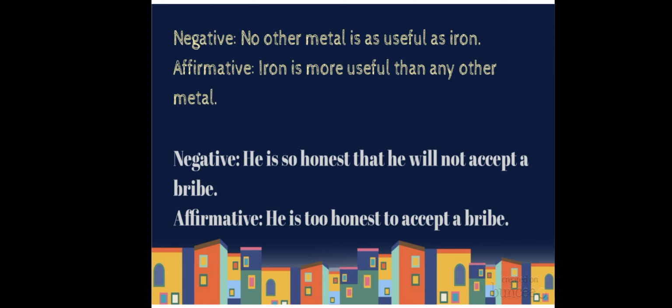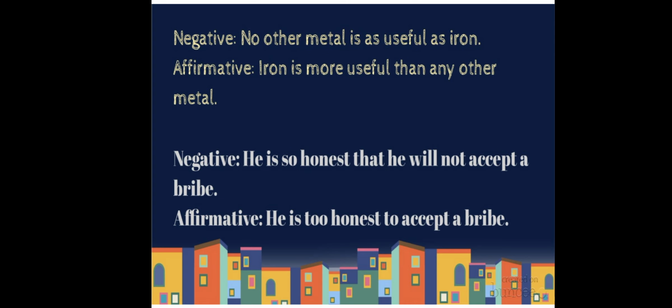The next negative sentence is: no other metal is as useful as iron. Now recall the rule which is related to degree of comparison. I have told you this rule. I think it was rule number 12, where you got to know that you replace any superlative or comparative degree.